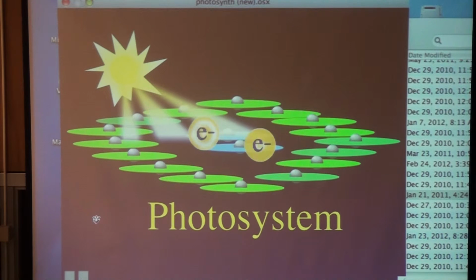What's going to happen next, I don't have it right here on this cartoon, is the energized pair of electrons is going to be passed into an electron transport system. And an electron transport system is a group of molecules in a membrane. And remember, what we're seeing here is part of the thylakoid membrane. All these chlorophyll molecules are in the membrane.